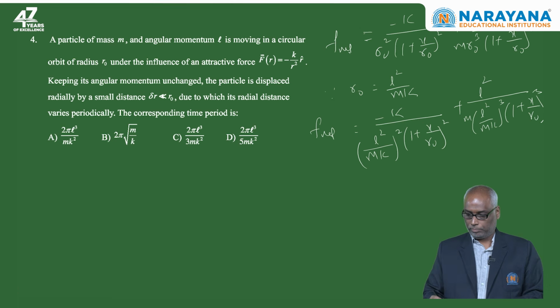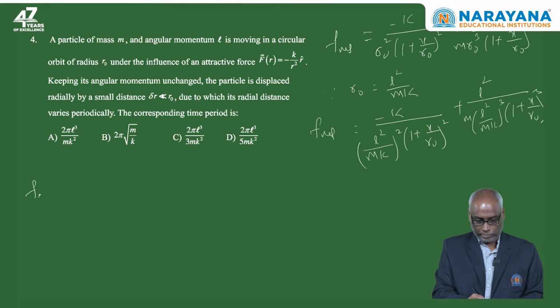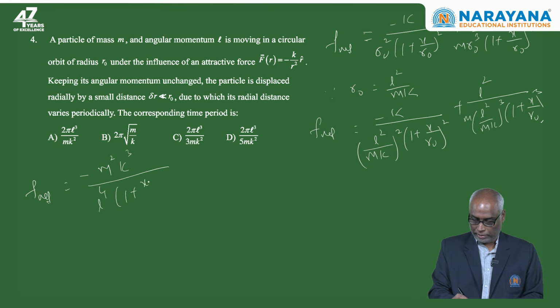Now, let us simplify this equation. From this equation we are going to get net force will become equals to minus m square k cube divided by L power 4 into 1 plus x divided by R naught whole square plus L square m cube k cube divided by m L power 6 into 1 plus x divided by R naught whole cube.